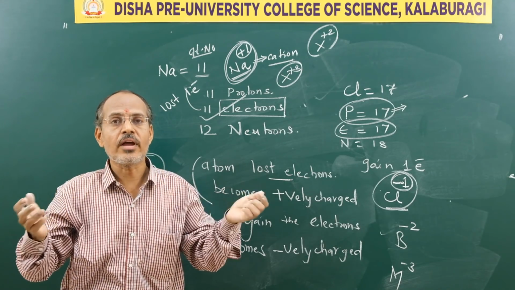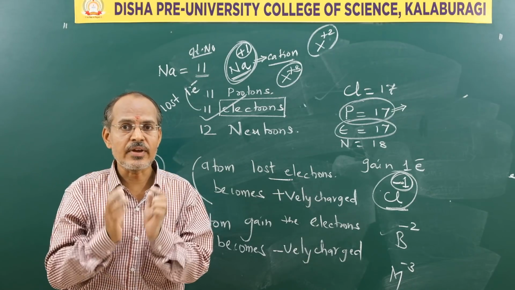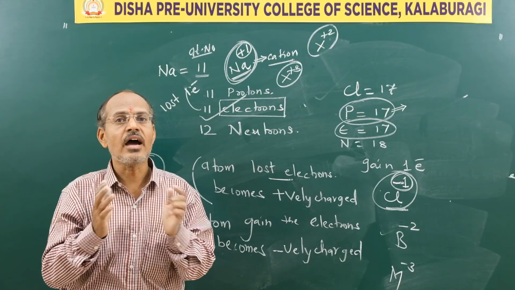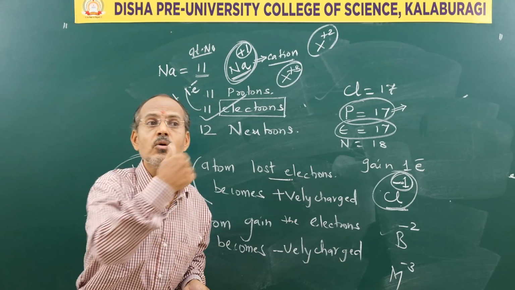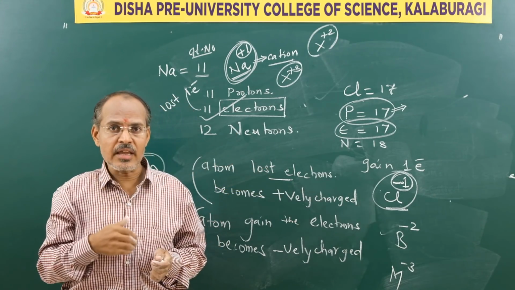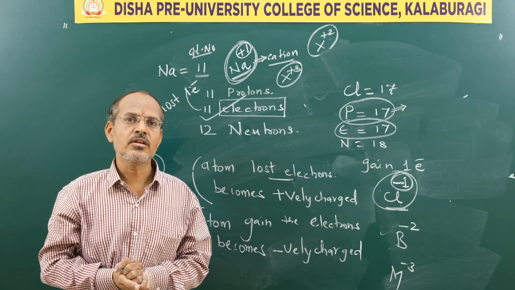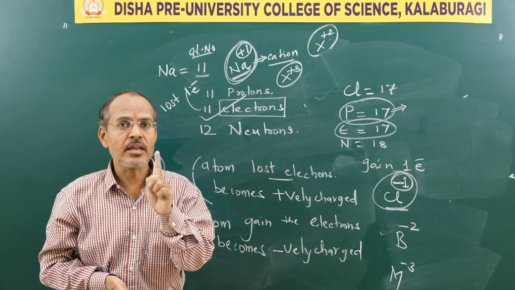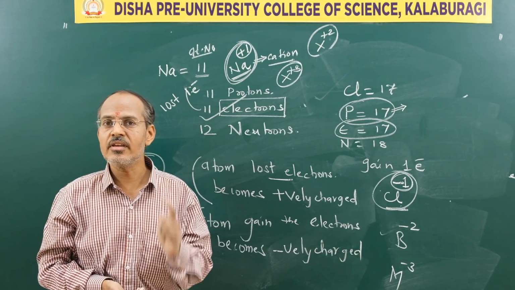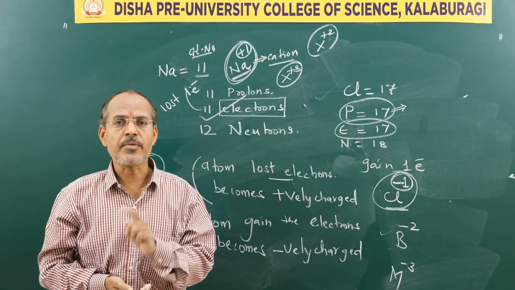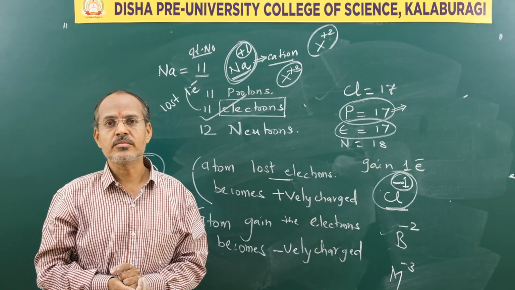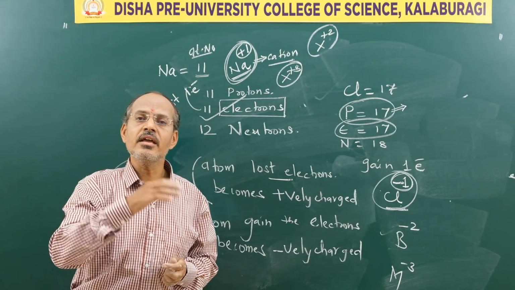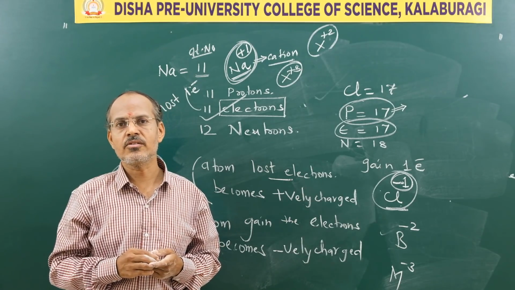Later on I will tell you how actually it is involved. Valency is the combining capacity of an atom either by losing the electrons or by gaining the electrons.